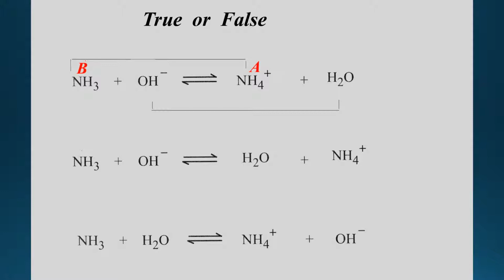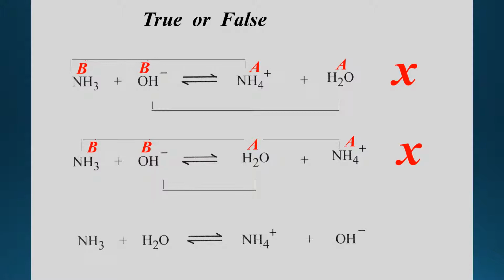So this base reacts with a base to give an acid and an acid. That's wrong. Try the second equation. Conjugate pair. One H more means acid. Again, this is wrong.